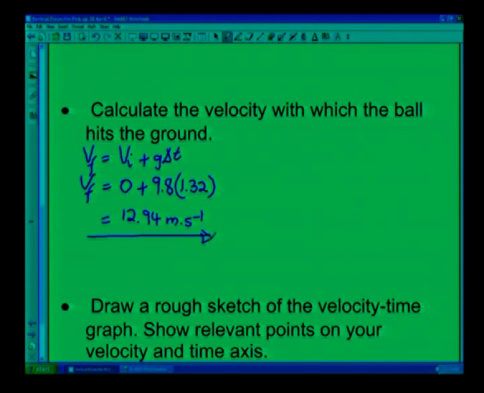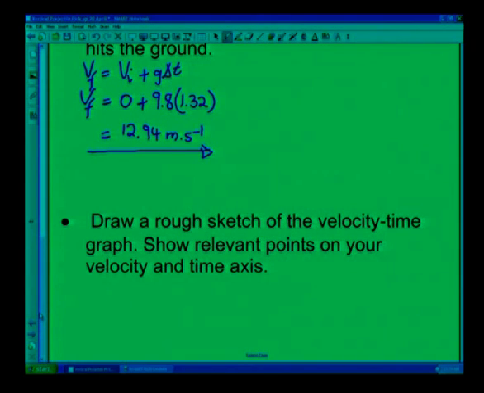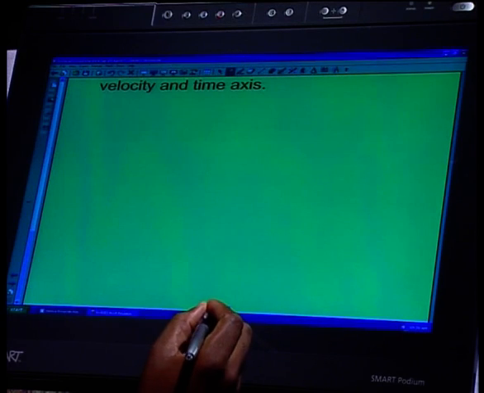Okay. Now, coming down to the next one, it says here, draw a rough sketch of the velocity time graph showing relevant points on your velocity time graph, time axis. Okay. Now, let's see how we can do that. Let me get some more space here.